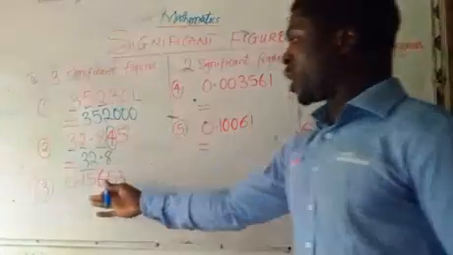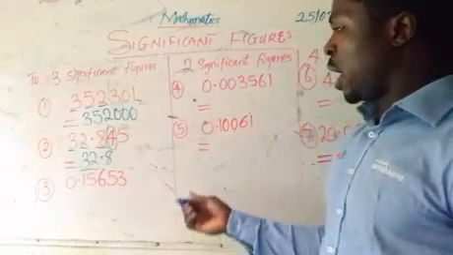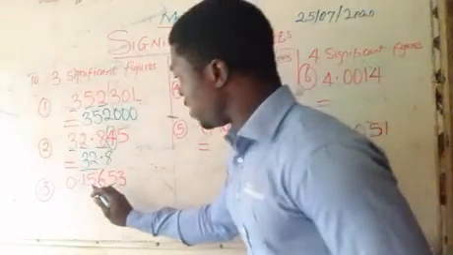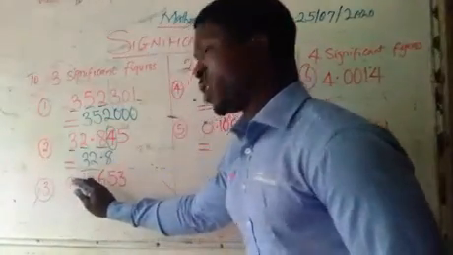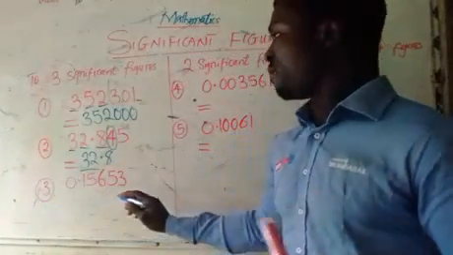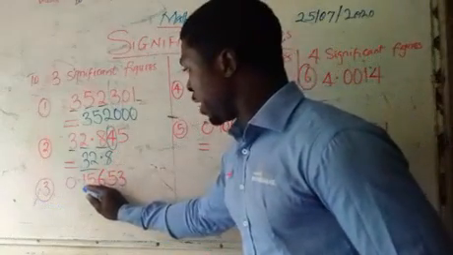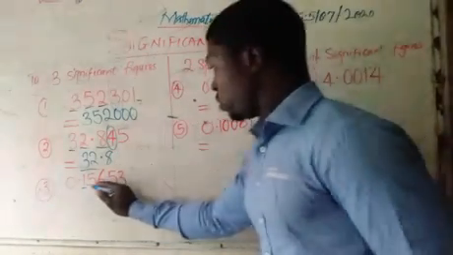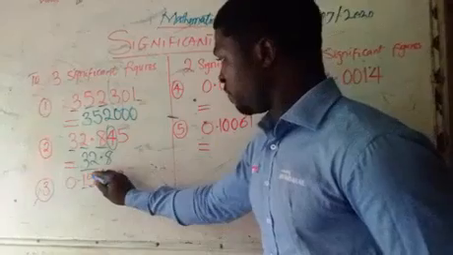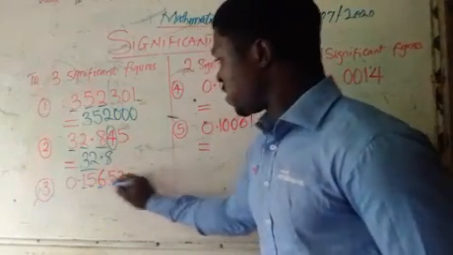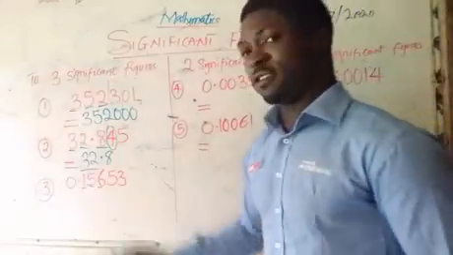Now, number 3, the first significant figure is not 0, because 0 cannot be the first significant figure. The first one is 1, the second is 5, and the third significant figure is 6.